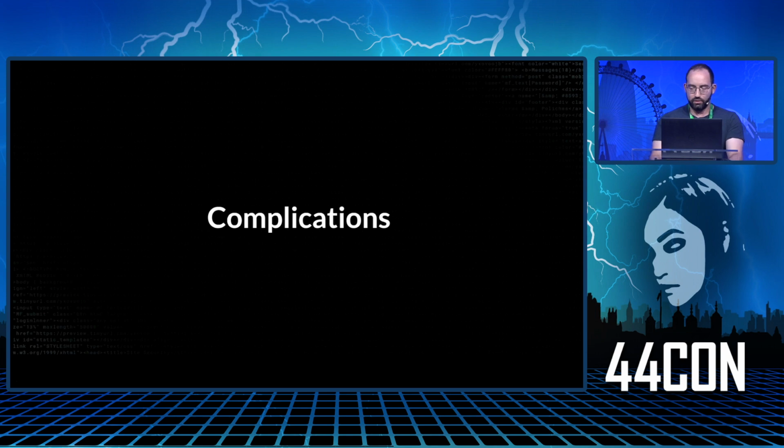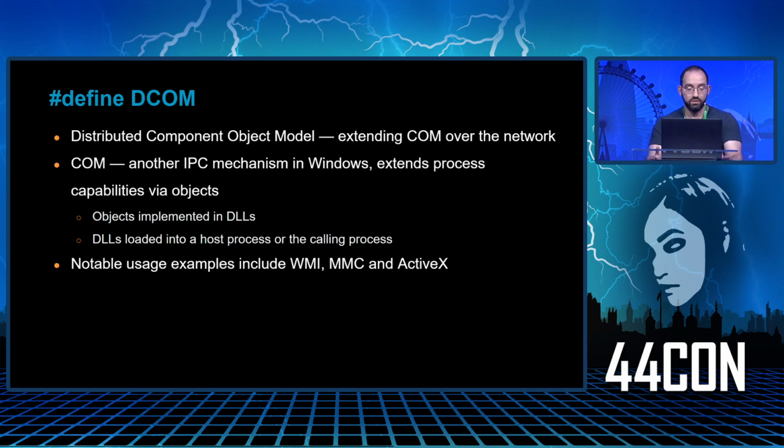So, all well, we've seen some very common lateral movement or attack techniques that are being used and how we can detect them using RPC visibility. But let's discuss complications. And for complications, I'm talking about DCOM. DCOM stands for distributed COM, and COM stands for component object model.